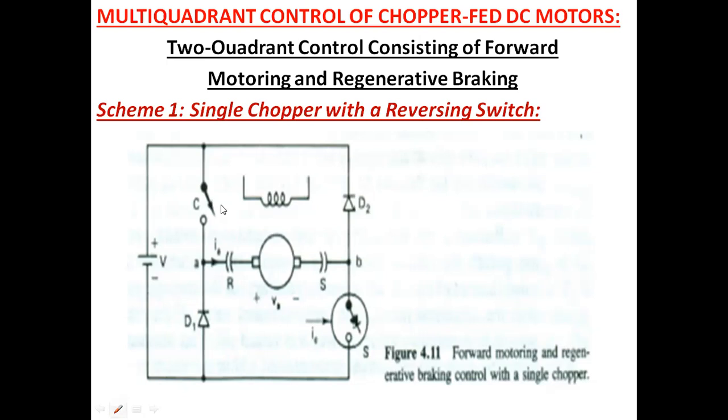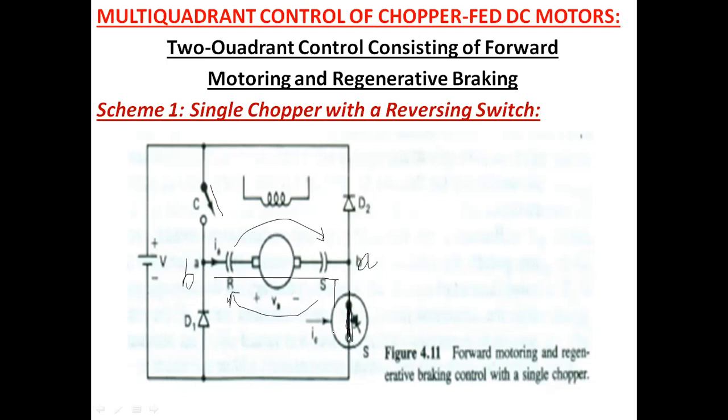So see here, the condition is C open and S closed. S closed means B will be like this, the armature connection is in the reverse direction. What is the flow of current?